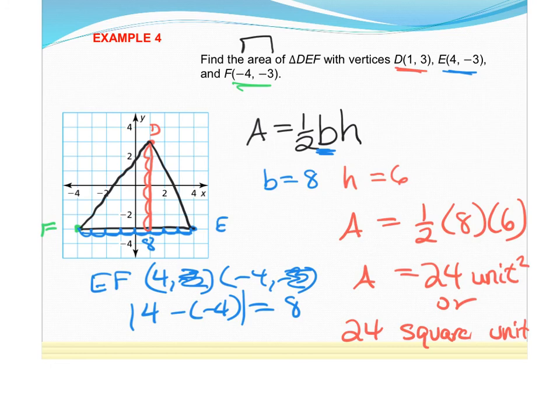So that would be how you would do an area question by being given ordered pairs, and then you would graph them. Now, you could also do the area base times height divide by 2, 8 times 6 divide by 2. I like to do it this way, and then I just take one of my numbers, either the base or the height, divide it by 2, and then multiply what remains. You can do it either way.